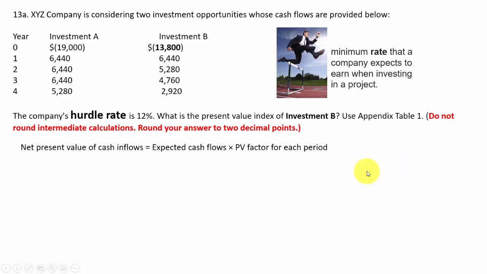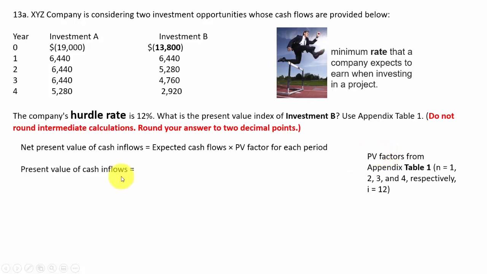Okay, so net present value of cash inflows equals the expected cash flows times the present value factor for each period. So we're going to figure out the present value of all 4 years of these cash flows as follows. The 6440 will be this table value, which represents 1 period at 12%.